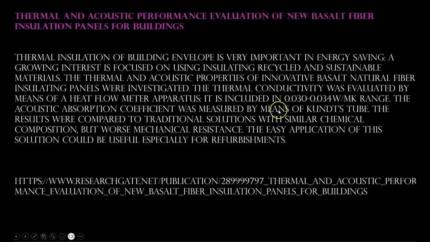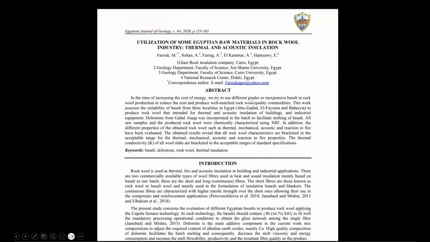Now, this article discussing the thermal and acoustic performance evaluation of new basalt fiber insulation panels for buildings. And of course, one more really hitting the nail on the head, the utilization of some Egyptian raw materials in rock wool industry, thermal and acoustic insulation, and of course discussing the same properties and functionality of fibers made from black basalt.